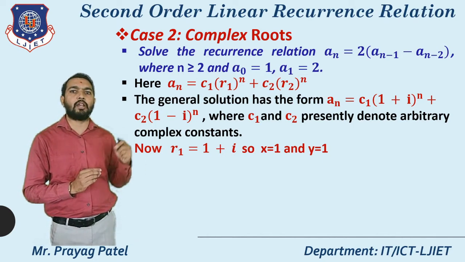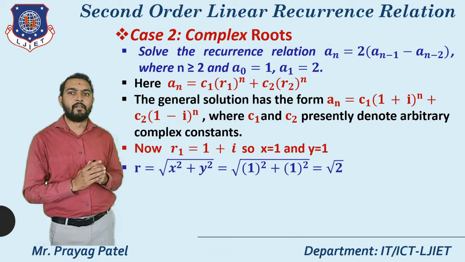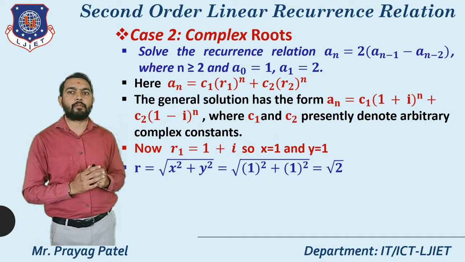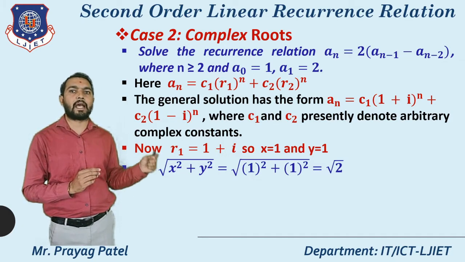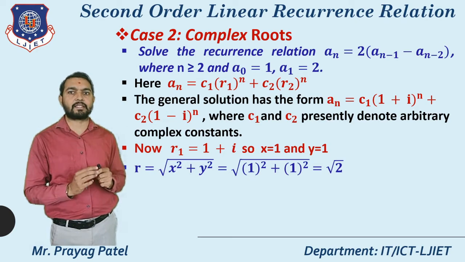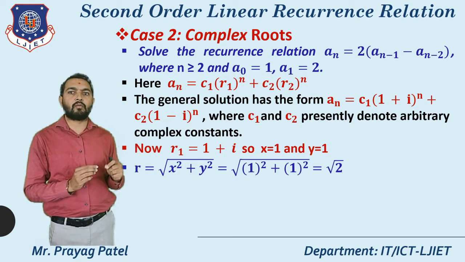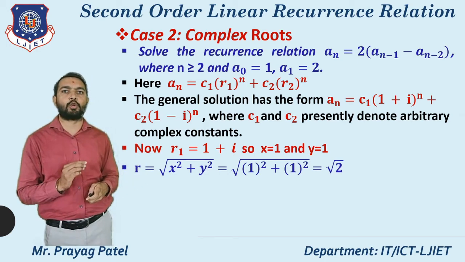Now r1 is equal to 1 plus i. So what is the value of x and y? Because here we want to find the value of r, and r is equal to the square root of x squared plus y squared. Here 1 is considered as x and 1 is considered as y. That means r equals the square root of 1 squared plus 1 squared, that means root 2.